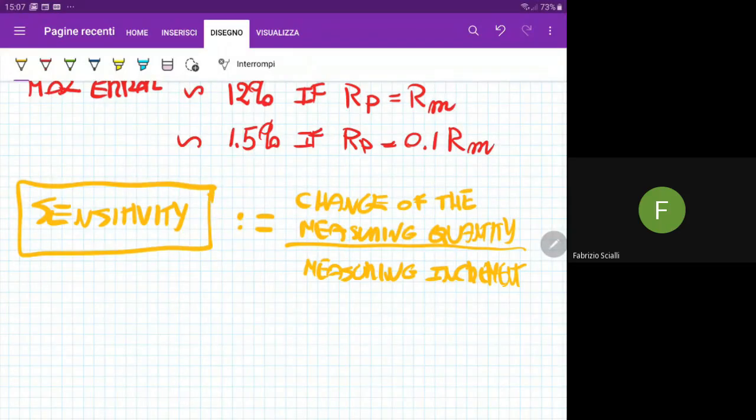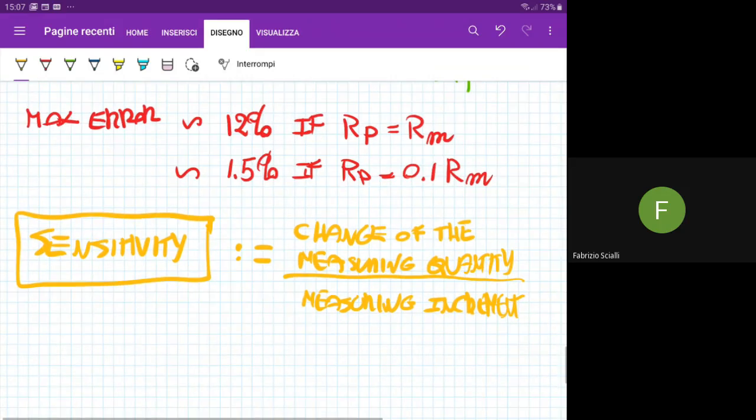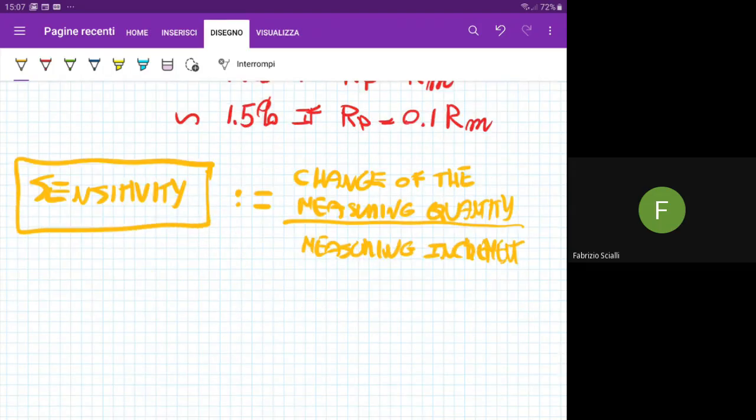So it's a derivative that is related to your measuring quantity. So the larger the sensitivity, the better the capability to distinguish between different values of your unknown quantity. Okay, so yeah, increment that is related to your actual maximum value.